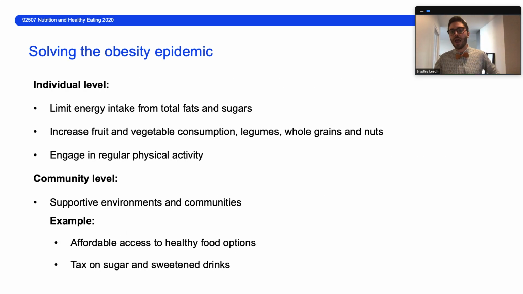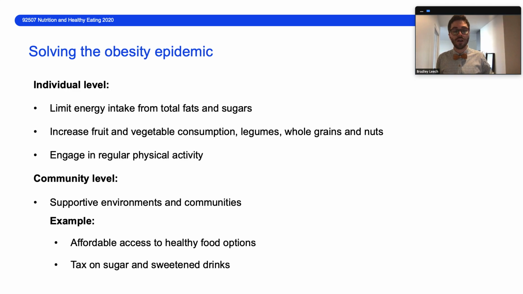And the moment is here. Okay, so first of all, there are a number of ways that we can address this obesity epidemic. We can address it on an individual level. That would include things like limiting the amount of energy intake, so limiting the amount of food, especially from fats and sugar. Increase fruit and vegetable consumption, such as legumes, whole grains, nuts, as a dietary intervention.